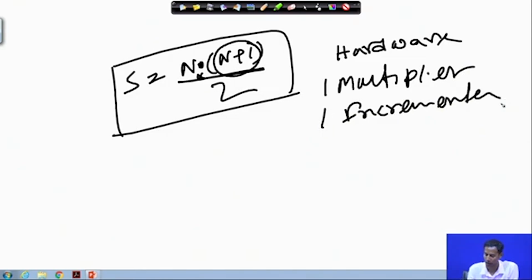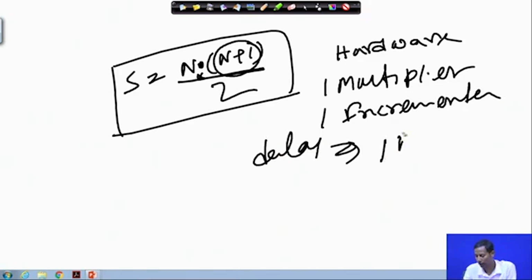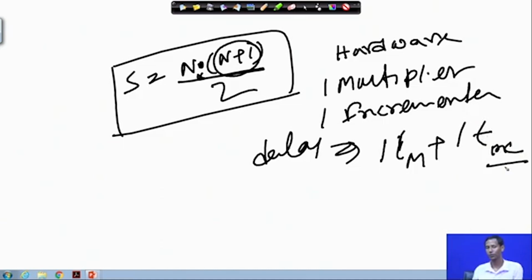And what is the delay? The delay is 1 multiplier plus 1 incrementer. Okay.